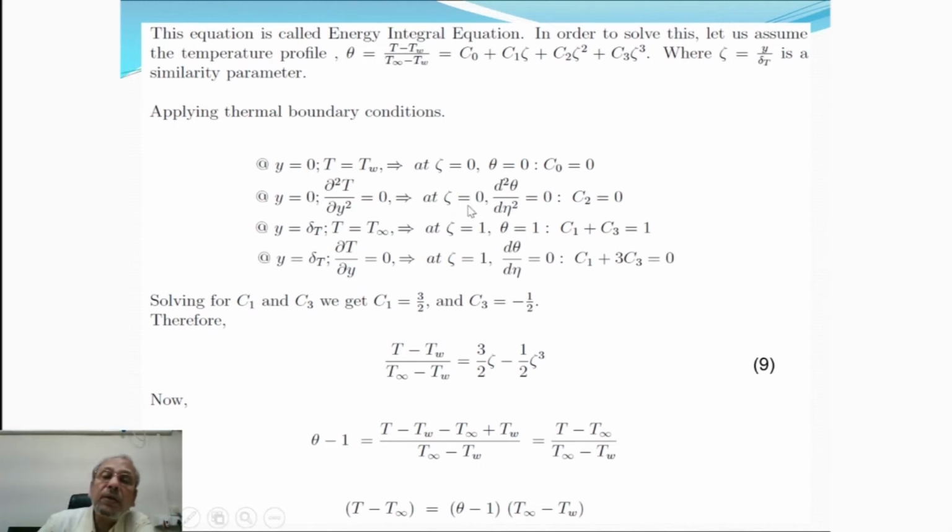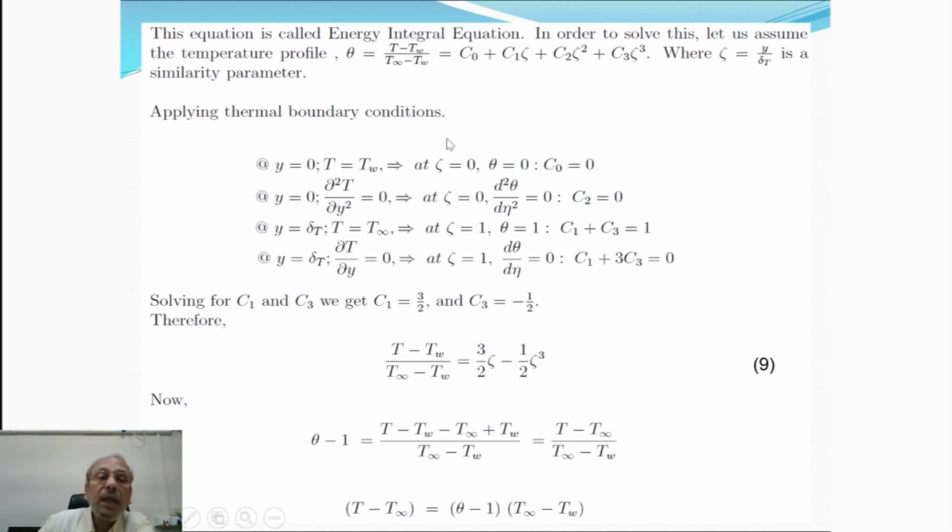That means at xi equal to 0, d2 theta by d xi2, there is a mistake, this should be d xi2, not eta, please correct it, equal to 0. So differentiating with respect to xi twice and setting it equal to 0, we get C2 equal to 0. So C0 equal to 0, C2 equal to 0.